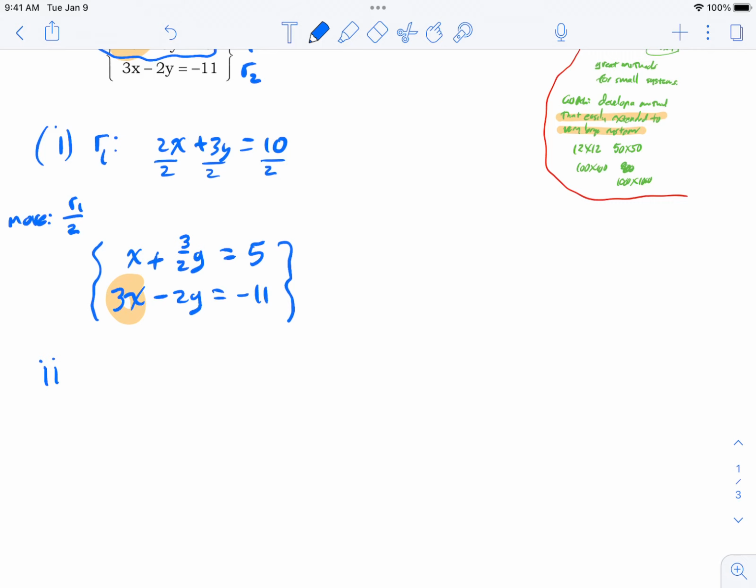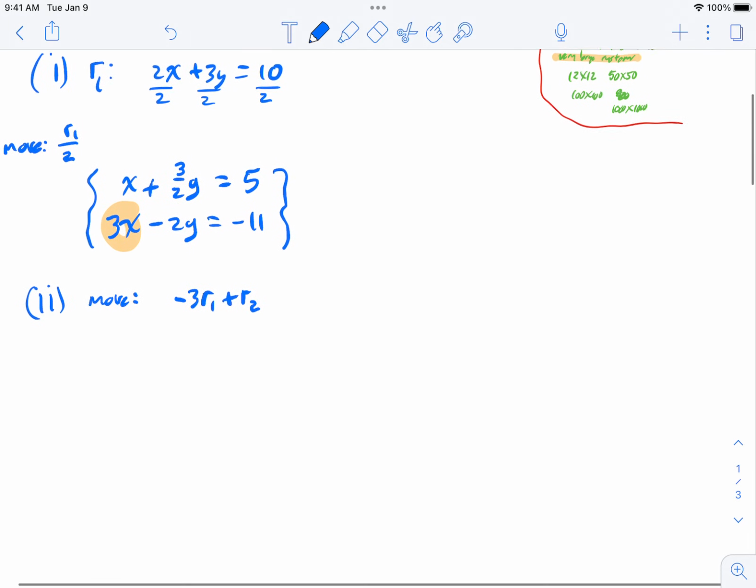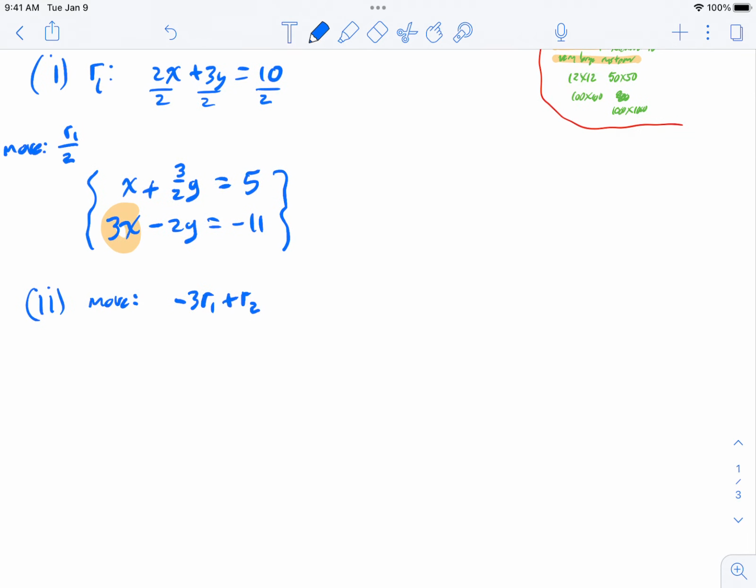So what we'll do is we'll take, maybe I'll write down the move, and then I'll actually do it. We're going to take negative 3 times row 1, and then we'll add row 2. So negative 3 times row 1, that means negative 3 times x. That means negative 3 times 3 halves, which is negative 9 halves y. And negative 3 times 5 is a negative 15.